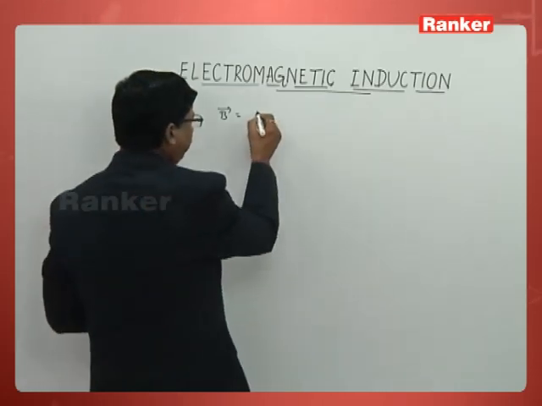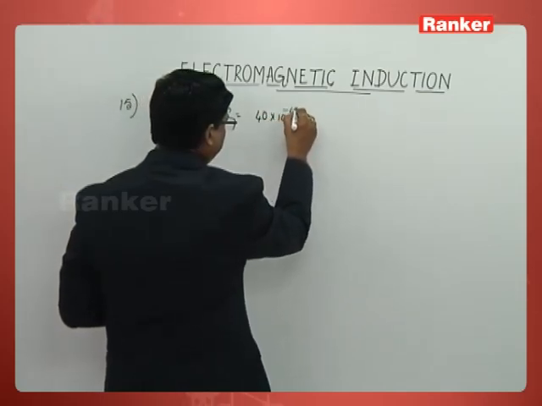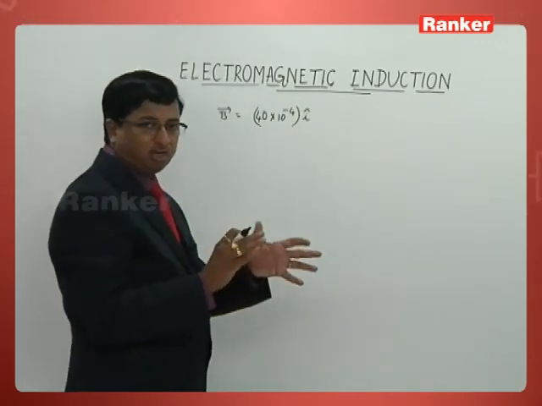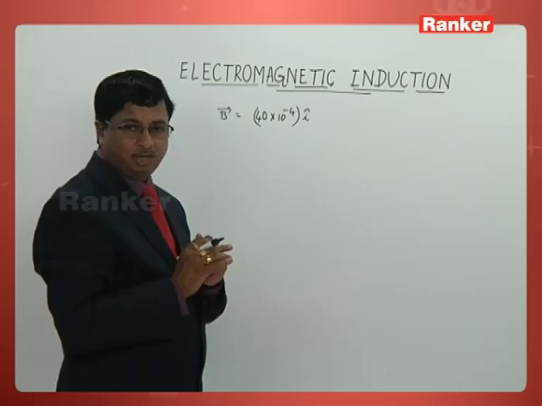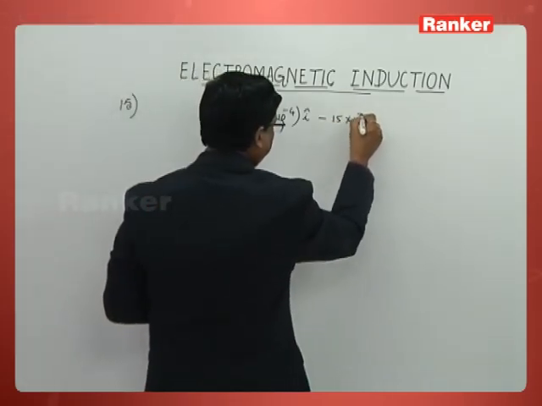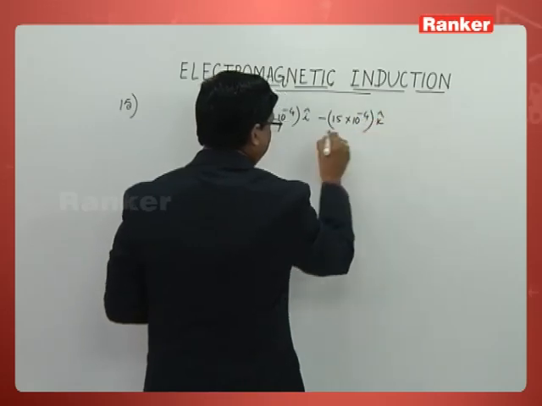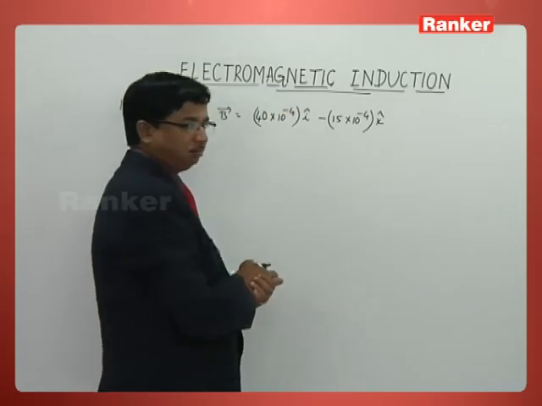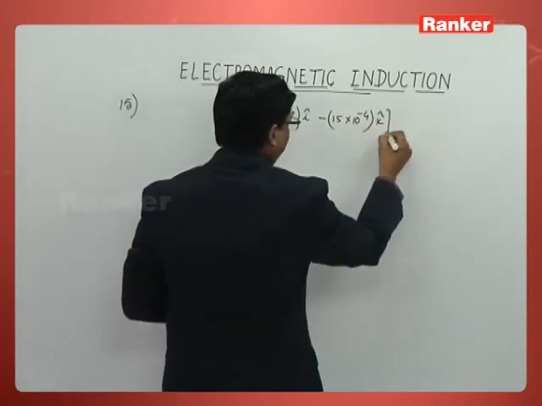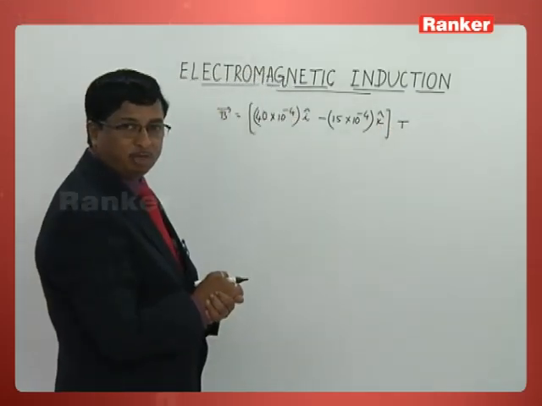I directly write it this way: 40 into 10 power minus 4 i, that is the x coordinate, minus 15 into 10 to the power minus 4 k, this is its z coordinate. He gave the units as Tesla, Weber per meter square.